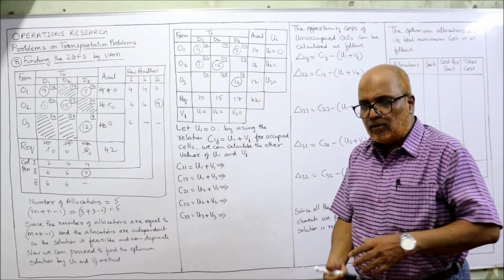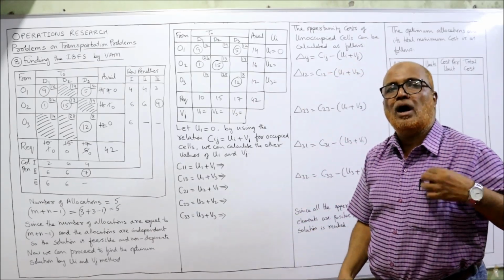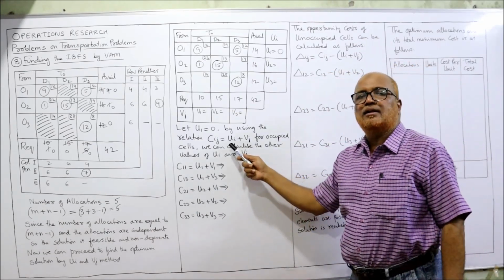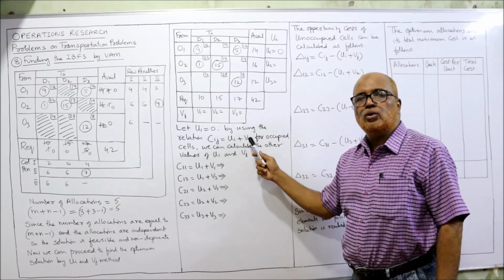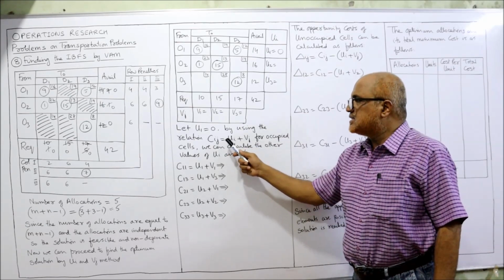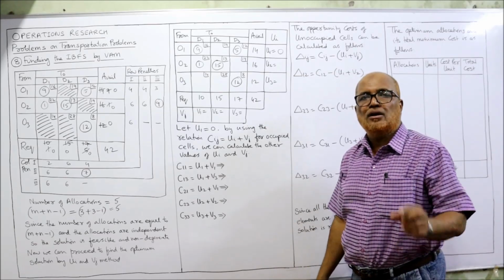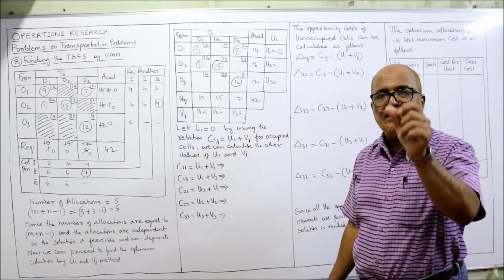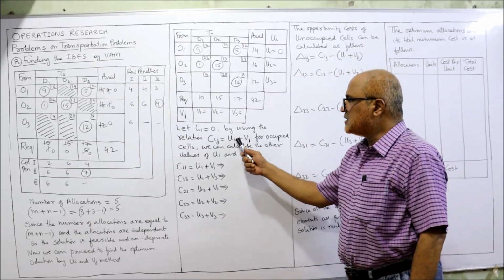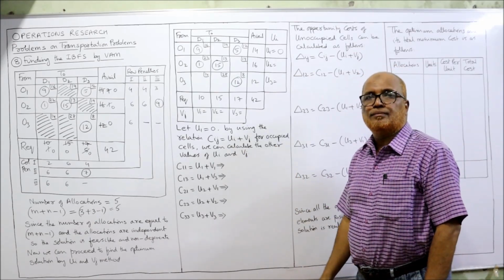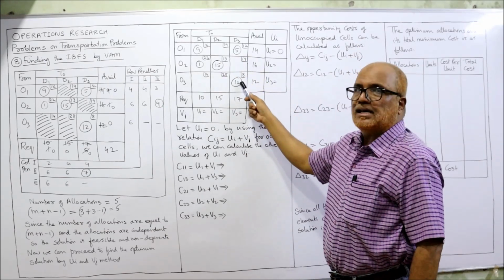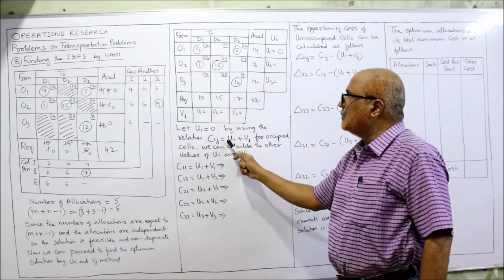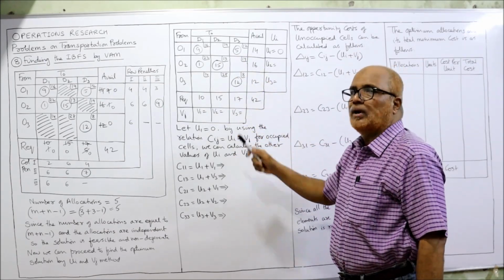Now the other values of UI and VJ can be calculated by this relation. Cij is equal to UI plus VJ. Cij means the cost of ith row and jth column, right? For occupied cells, by using these occupied cells and applying in this relation, we can get the other values of UI and VJ.